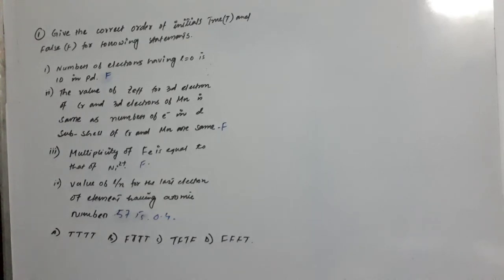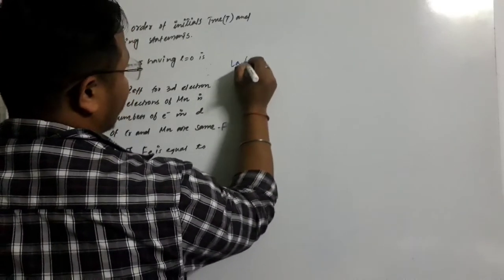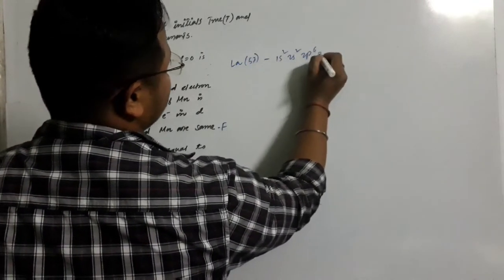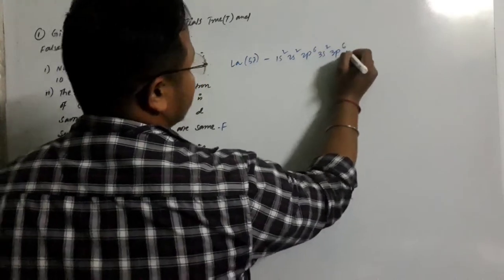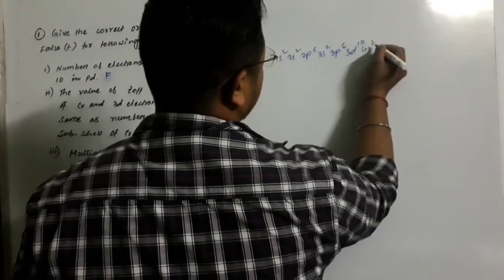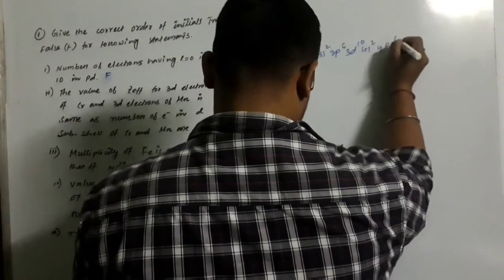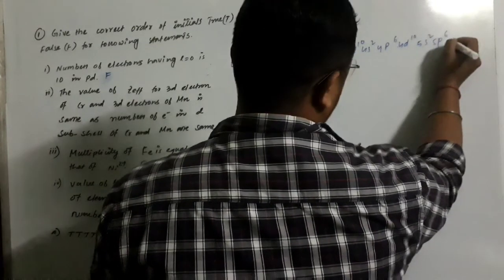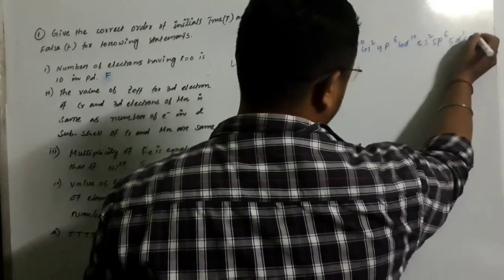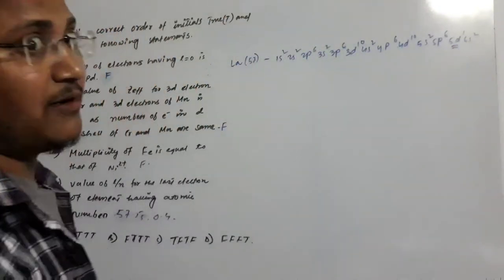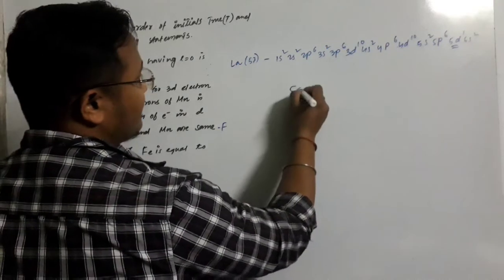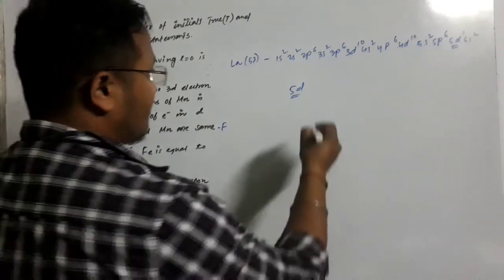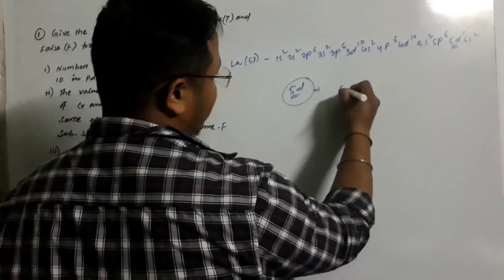If you write the electronic configuration of La, which is 57, then 1s2, 2s2, 2p6, 3s2, 3p6, 3d10, 4s2, 4p6, 4d10, 5s2, 5p6, 5d1 and 6s2. That means this is the last orbital where one electron is entering, right? That means 5d is the orbital where the last electron is entering.